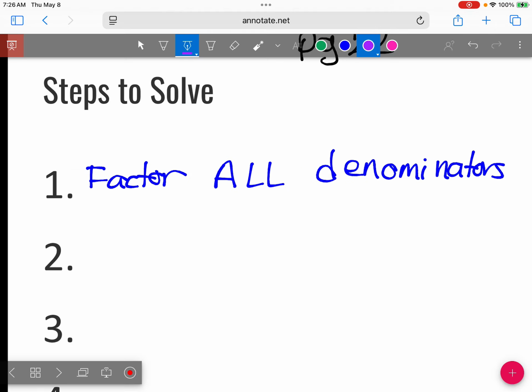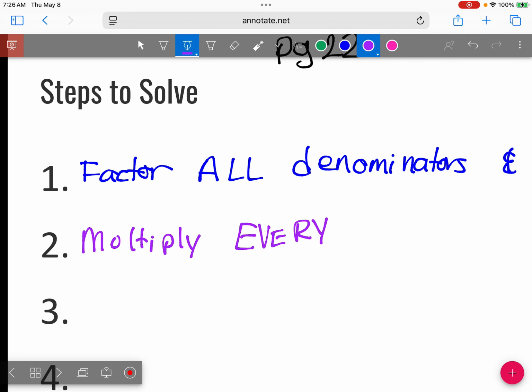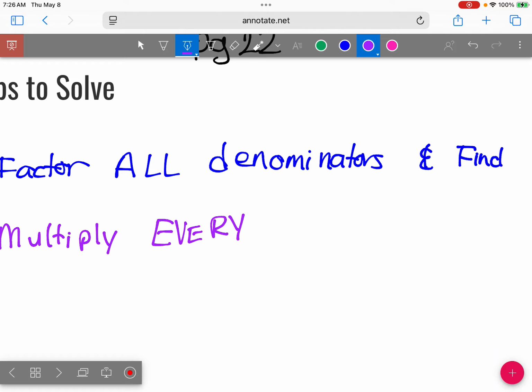Our second step is going to be to multiply every term. Your U looks like an O. Multiply, or multiply, like we're birds.